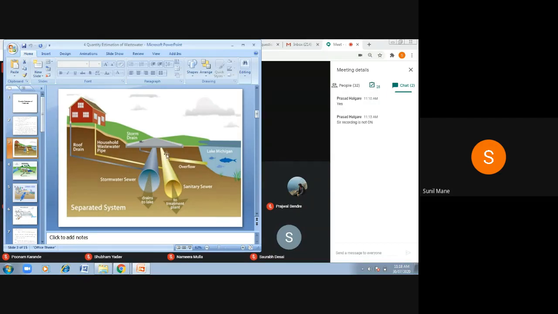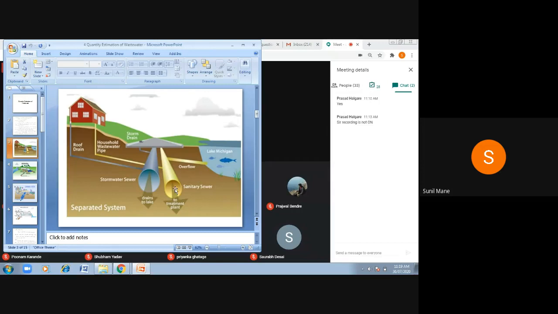But the water coming from the household, the gray water, requires certain treatment, so it would be diverted to the wastewater treatment plant. Depending upon the situation available over there, it would be designed accordingly.